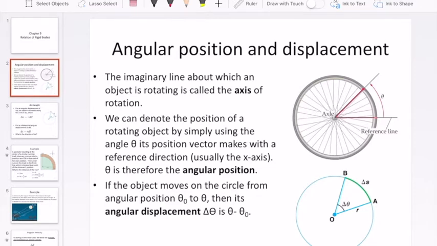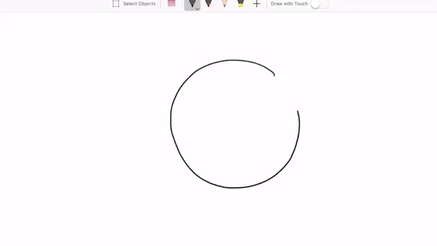Okay, now suppose you have an object that's going in a circle like this. If it's going in a circle, the radius is always fixed. So the only thing that you need to keep track of is the angle that the object is making with respect to some reference direction.